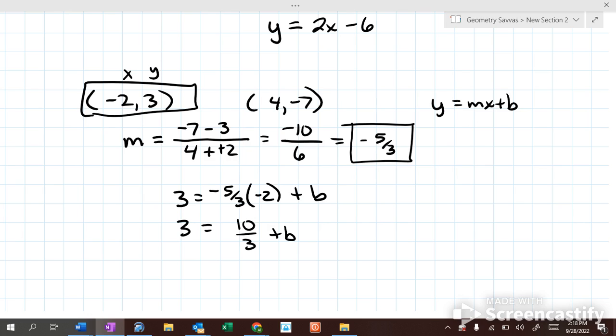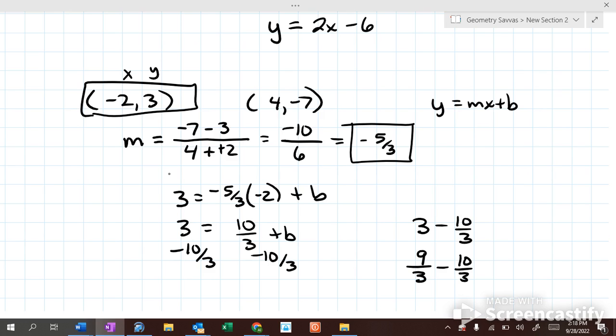How do I move that 10/3 to the other side? Subtract 10/3 from each side. Oh no, I have to take a number and subtract a fraction from it. 3 minus 10/3 is the same as how many thirds minus 10/3? 3 is how many thirds? 9.